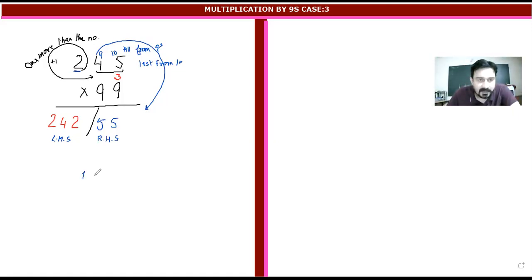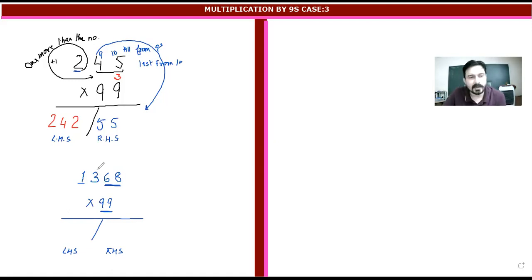Let the number be 1368 times 99. So here I divide my answer in two parts, LHS and RHS. I will count the number of nines here. There are two nines, so I will leave these two digits. The remaining number has to be increased by 1.